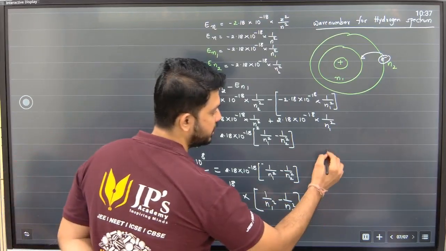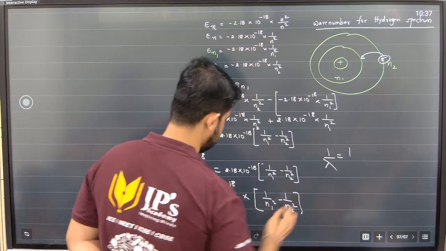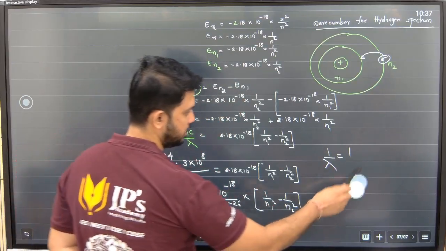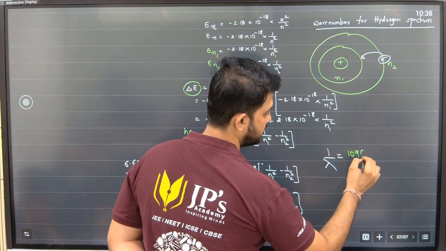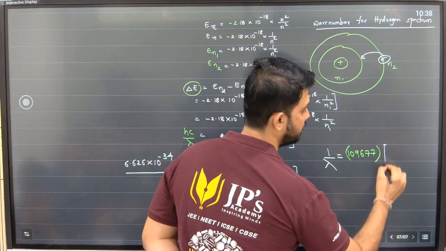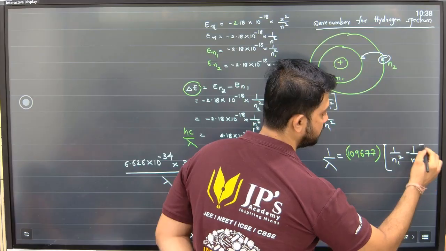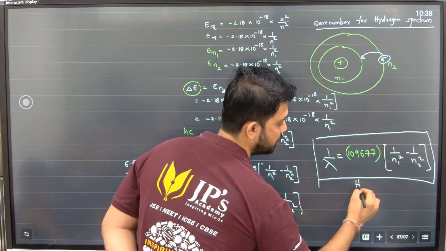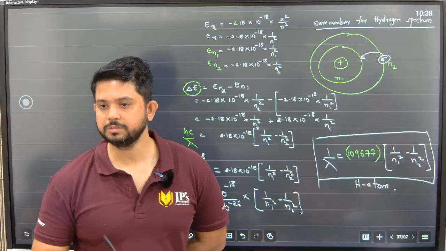When you solve this, you get 1 upon lambda is, dividing this, we get 109,677 into 1 upon n1 square minus 1 upon n2 square. This is the formula for hydrogen atom.